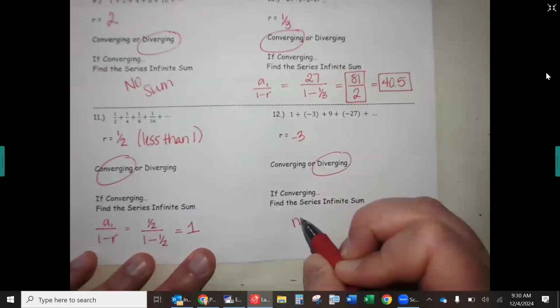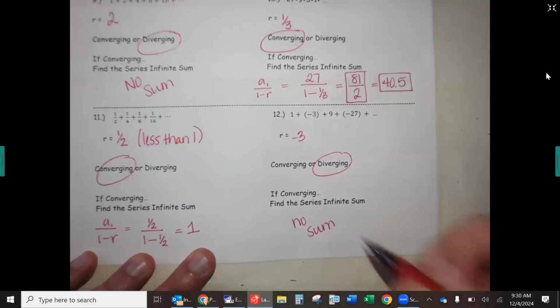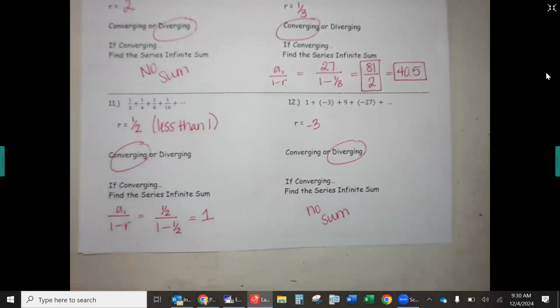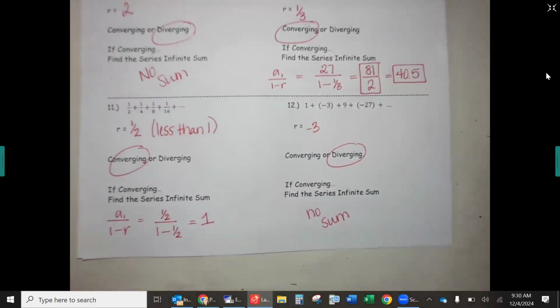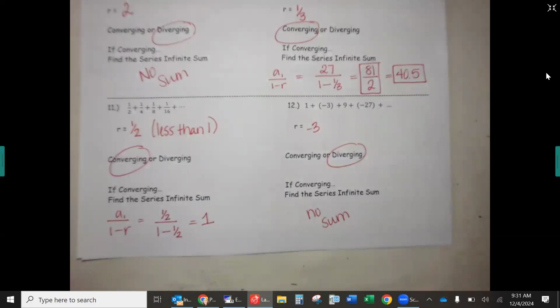Diverge, that means no sum. Okay? So even if the number is negative, you don't care about that. The 3, because it's bigger than 1, means it diverges, you're not going to get an answer. Okay? Only if the R is less than 1. So it could be a fraction or a decimal.